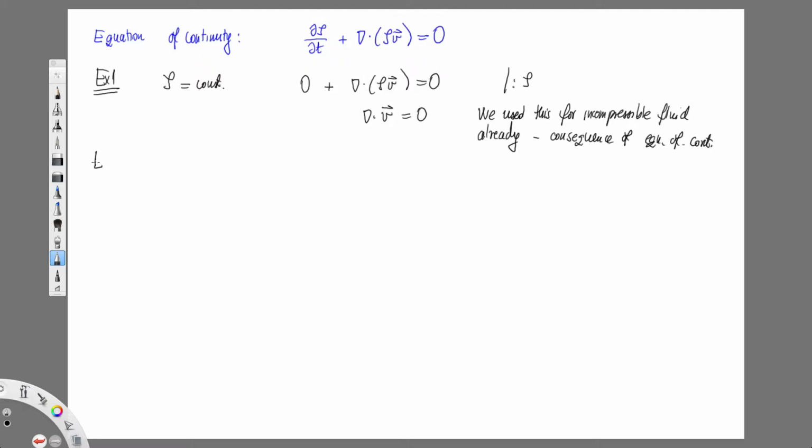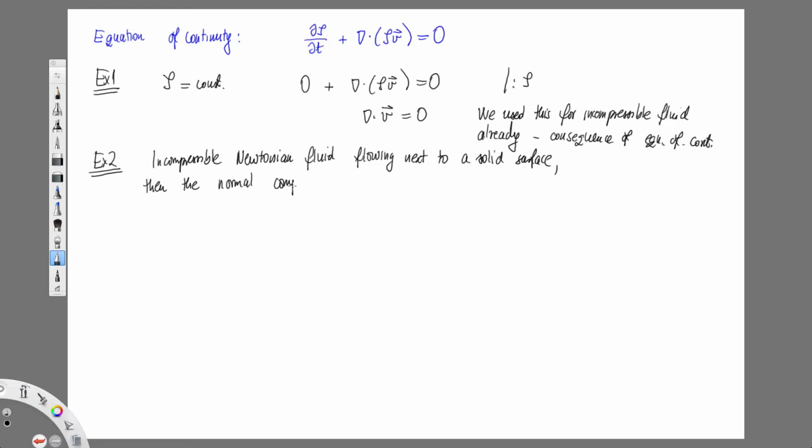So now the second example is this one that I pointed out. If I have incompressible Newtonian fluid flowing next to a solid surface, then the normal component, and by normal component we mean the component normal to that solid surface, okay?